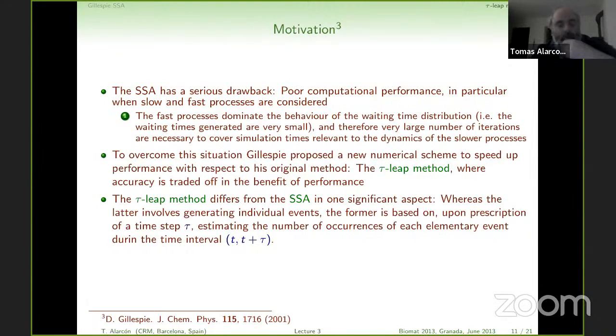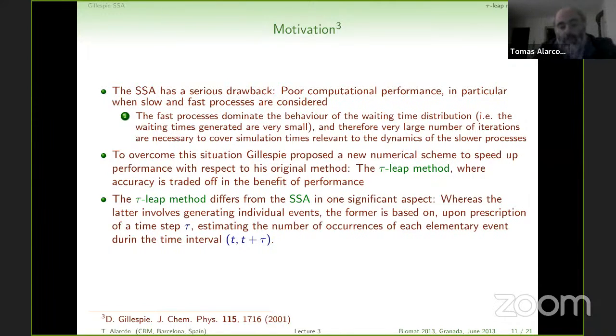The difference between the tau-leap method and the Gillespie SSA method is that in the Gillespie method, you generate event by event by generating the time you have to wait until the next event.